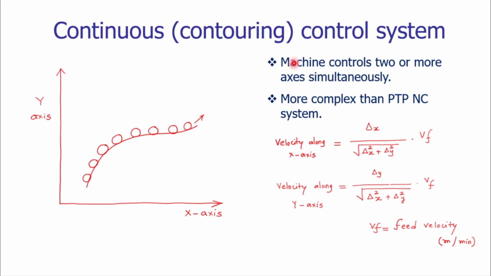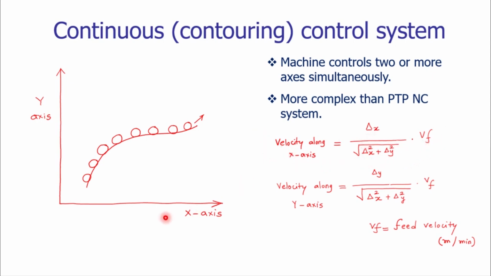The control system which is providing the control of movement along x and y axis simultaneously is called the continuous contouring control system. The controller is computing the velocity along the x-axis by using this correlation.